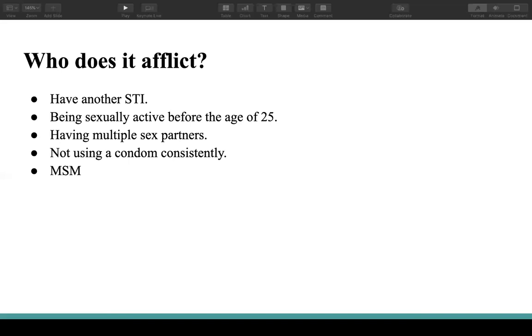If you have multiple sex partners, the chances are more. Of course, not using a condom consistently in a proper way raises the risk. MSM, that is men having sex with men, are at more risk of having chlamydia.